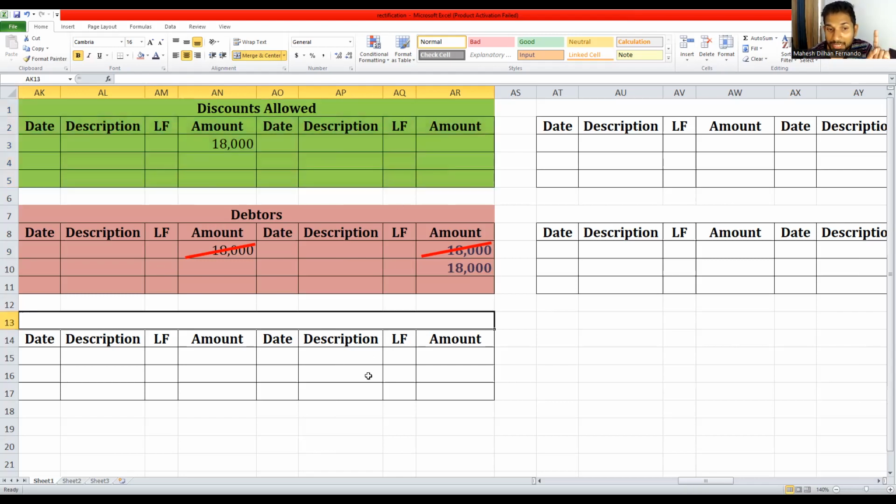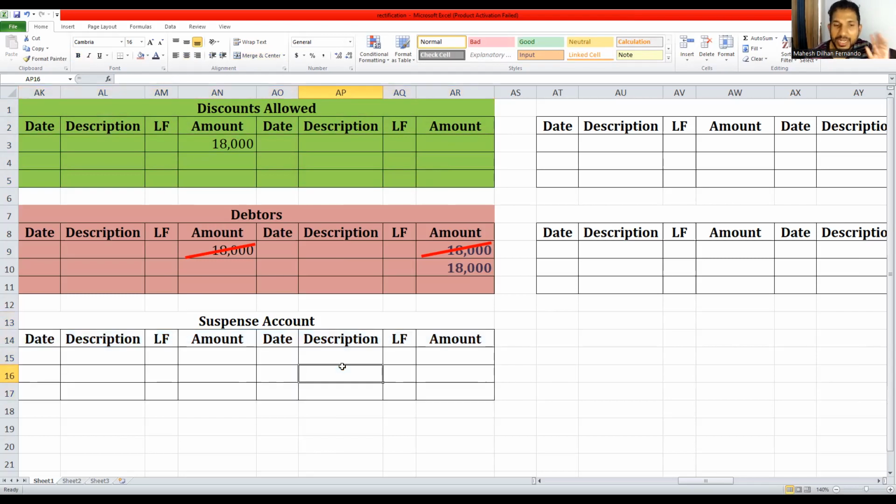This is where we need that temporary arrangement called the suspense account. Remember, this account has no category. It is not an asset, liability, equity, income, or expense. It is just a temporary arrangement.